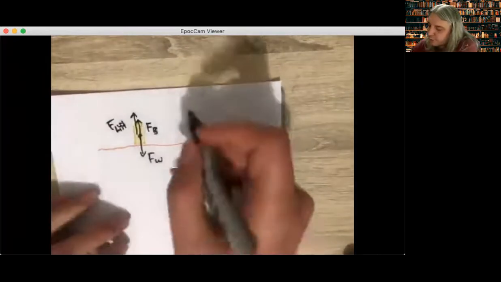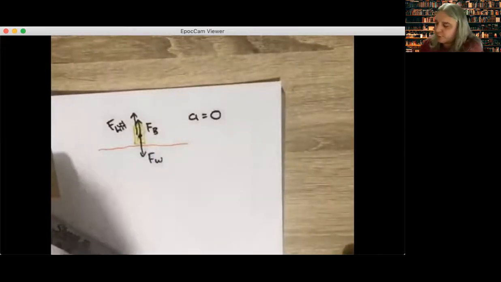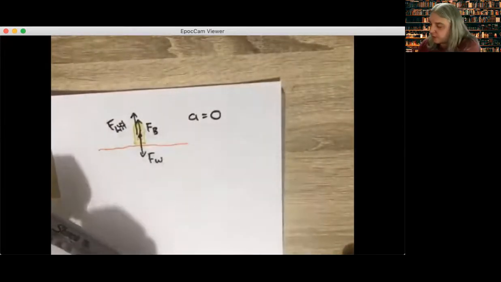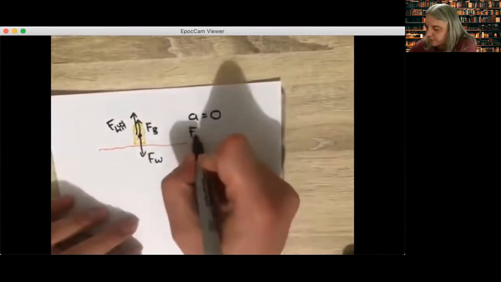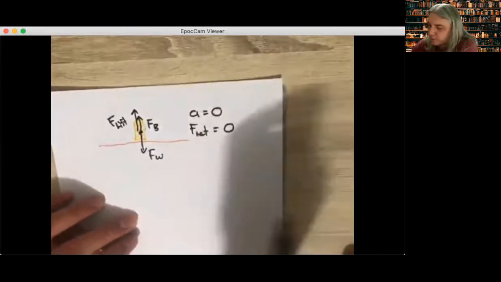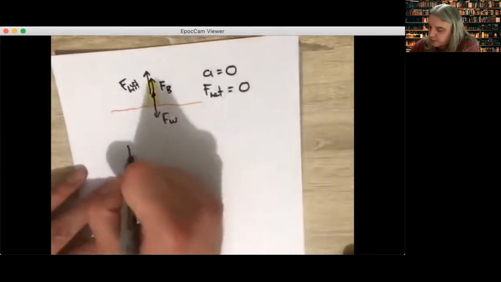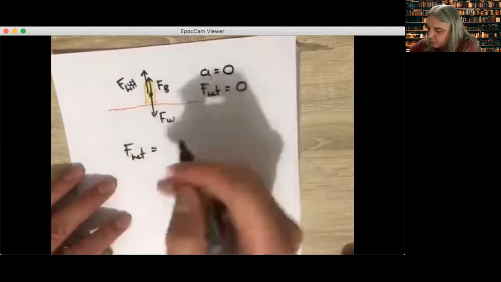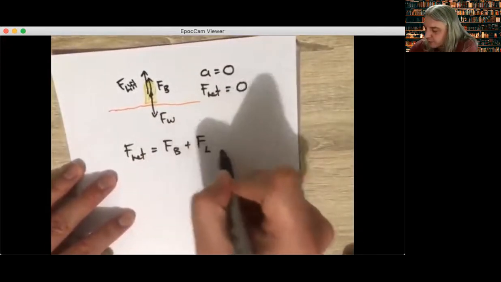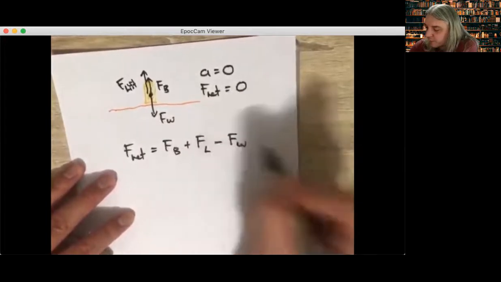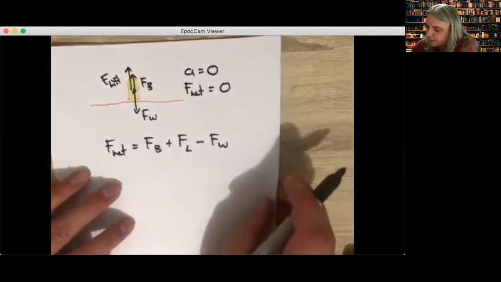And if we're moving with acceleration equal to 0, because there's no need for us to accelerate it upwards, we're just trying to move it upwards with a constant velocity, that means that our net force is equal to 0. And so the net force is the sum of all of these. The net force is equal to the buoyant force plus the lift force minus the weight force. Weight is downwards. So how do we figure out all of these things?